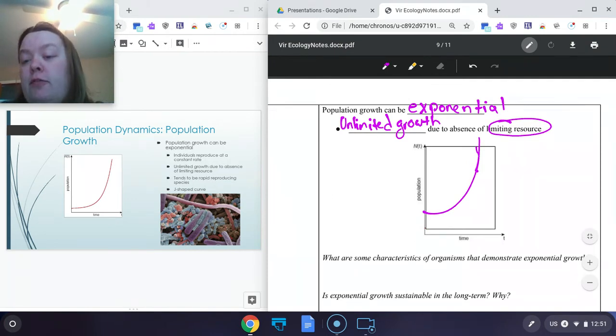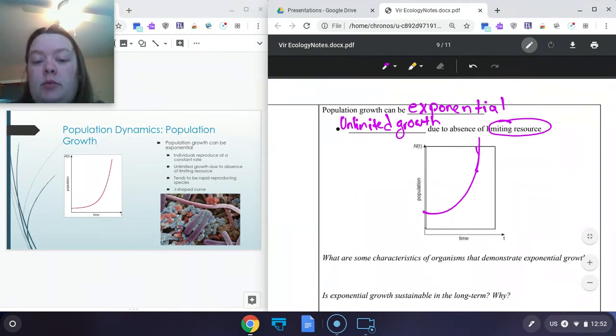However, if you're looking at a population that is living in a place where there is lots and lots of food, there's lots and lots of places to live, there's lots of water, they're going to exhibit unlimited growth, because they can reproduce at a crazy fast rate and nothing's holding them back.